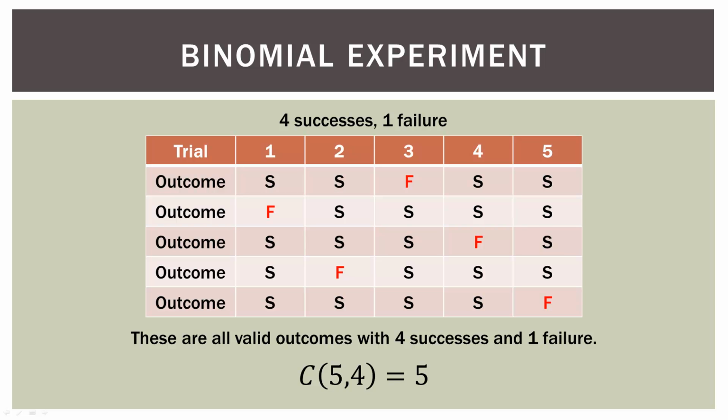In the top one, the successes are in 1 and 2 and 4 and 5. In the second row, the successes are 2, 3, 4, 5. In the third one, they're 1, 2, 3, and 5, etc. So there are 5 different ways to have 4 successes in these 5 trials. So 5 choose 4 equals 5. And we can actually see them there in that chart.